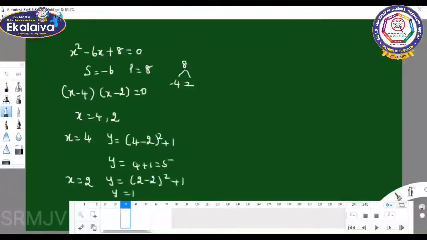So the points of intersection are 4 comma 5 and 2 comma 1.